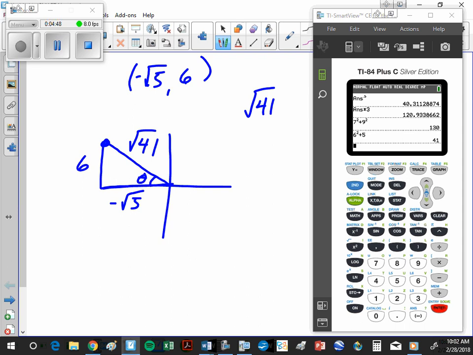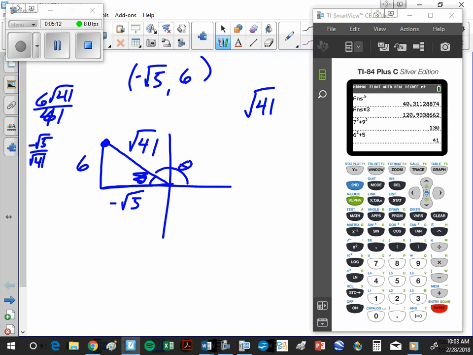So here's theta. Well, actually theta is right there, but it doesn't matter. So the sine would be 6 root 41 over 41. The cosine would be negative root 5 over root 41.